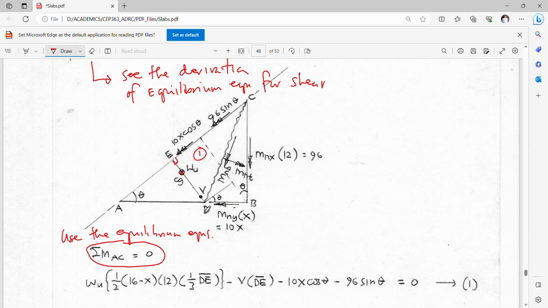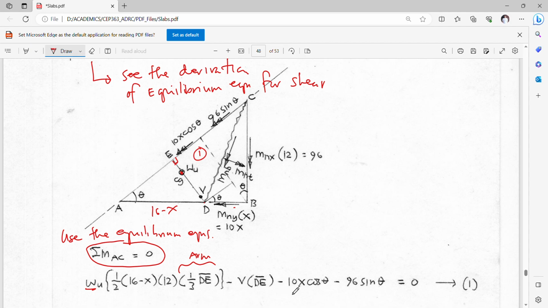This 1/3 of T is the moment arm of W, and I have 1/2 times the base AB, 16, times 12, which is its height, multiplied by W. And I have a shear here, very near to D, with an arm of dB, which of course counteracts the load.